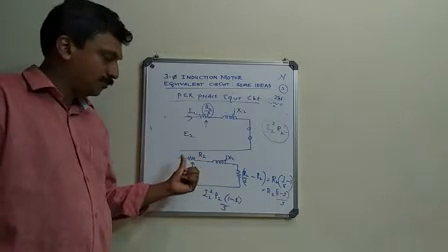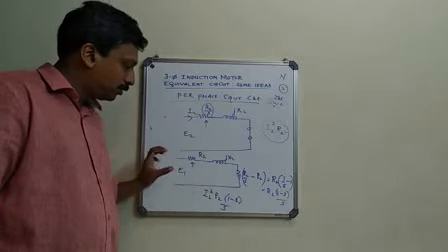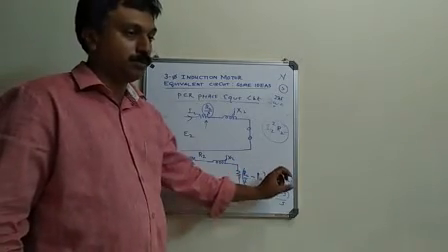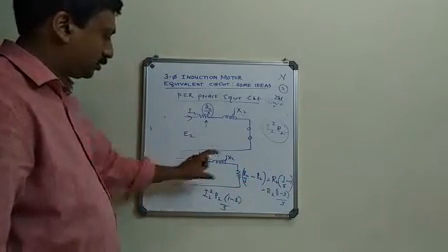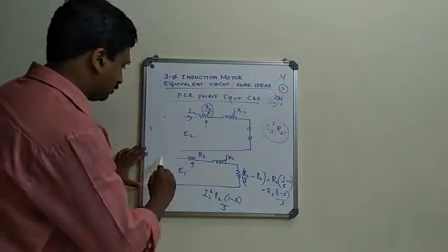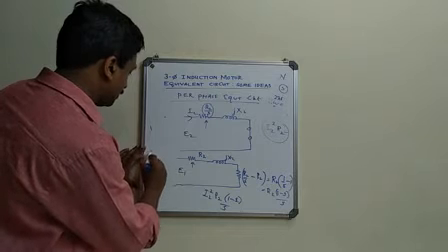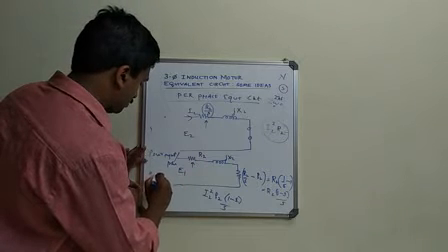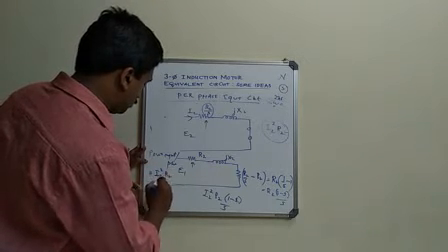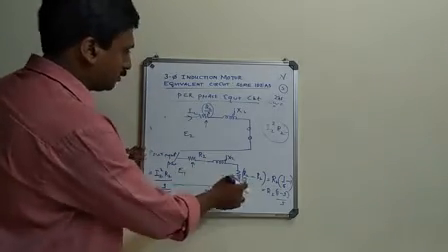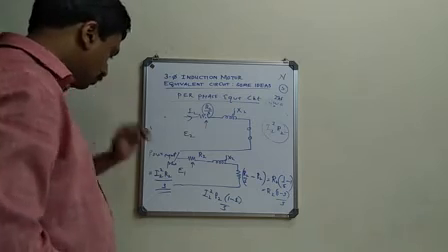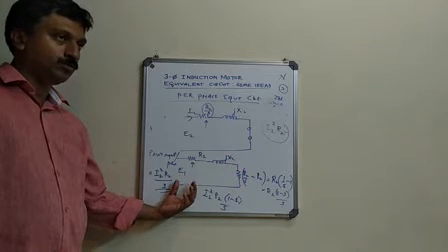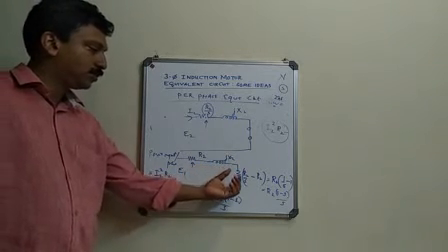So the total power input per phase is equal to the loss here plus this mechanical power output. This sum gives you the total power input per phase, I2 square R2 by S. This is the total power input to the rotor, and the rotor uses it to meet different losses and output power.